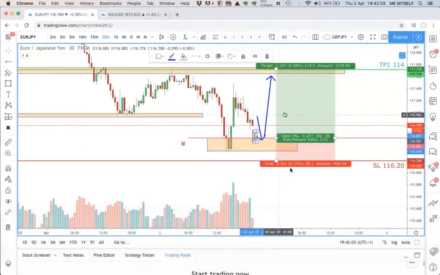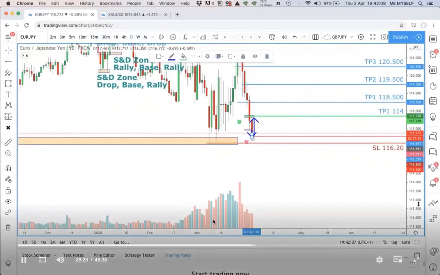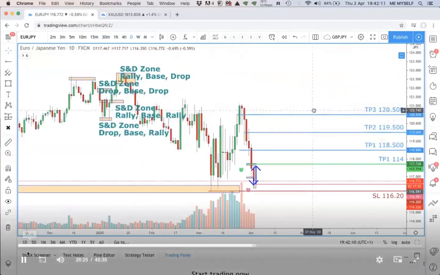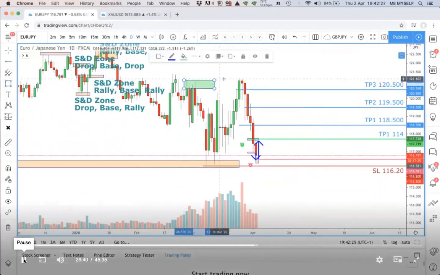But we're definitely looking for a bigger trade, a bigger move on this. Wherever you see these wicks here, these are just supply and demand zones, but on smaller time frames.